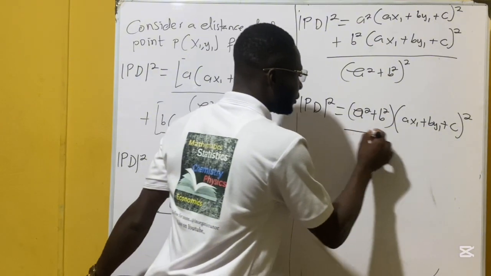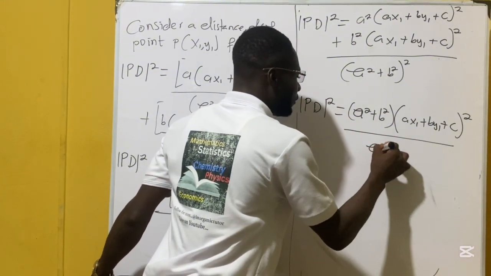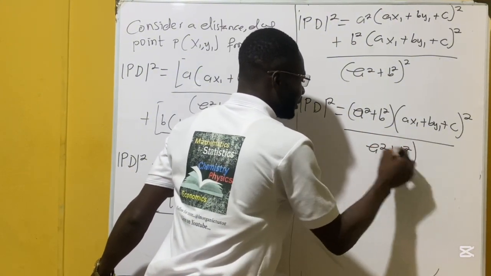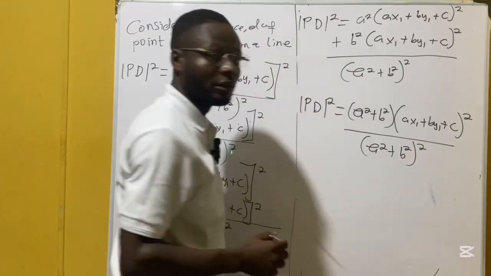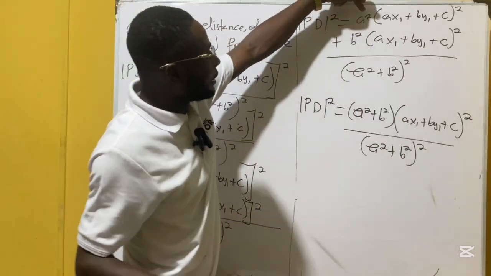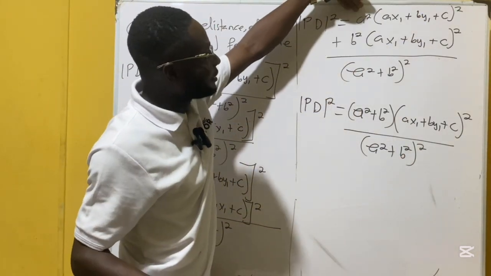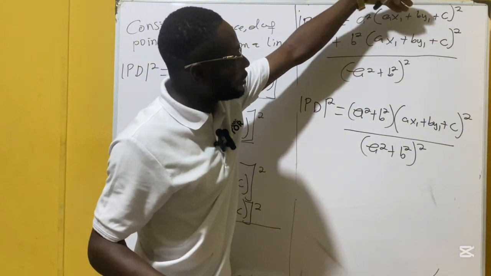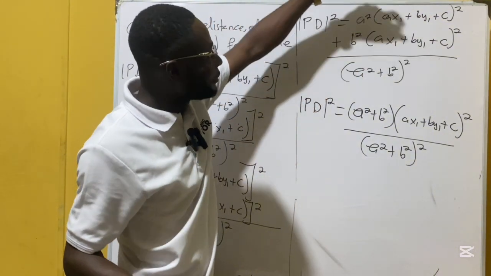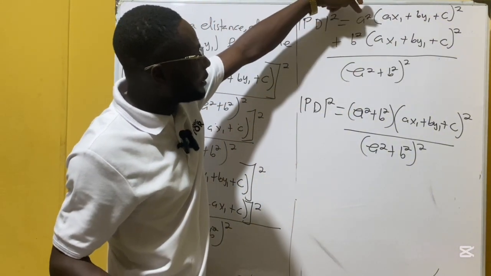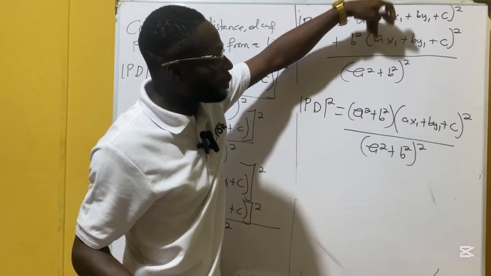And that is over A squared plus B squared, all squared, right? This is factorization. Once the information in the brackets is the same, we combine these terms and then choose one of the brackets.